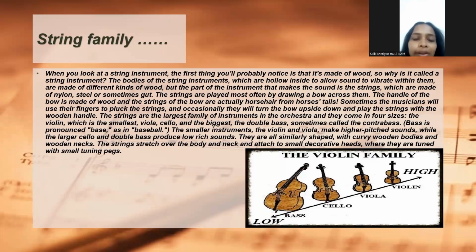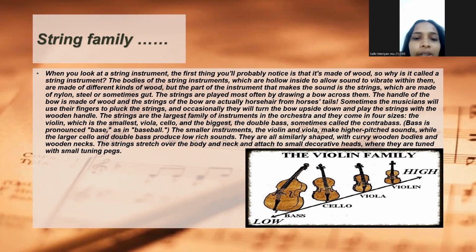21-295. My topic is about string instruments used in an orchestra. When you look at a string instrument, the first thing you will probably notice is that it's made of wood. So, why is it called a string instrument?